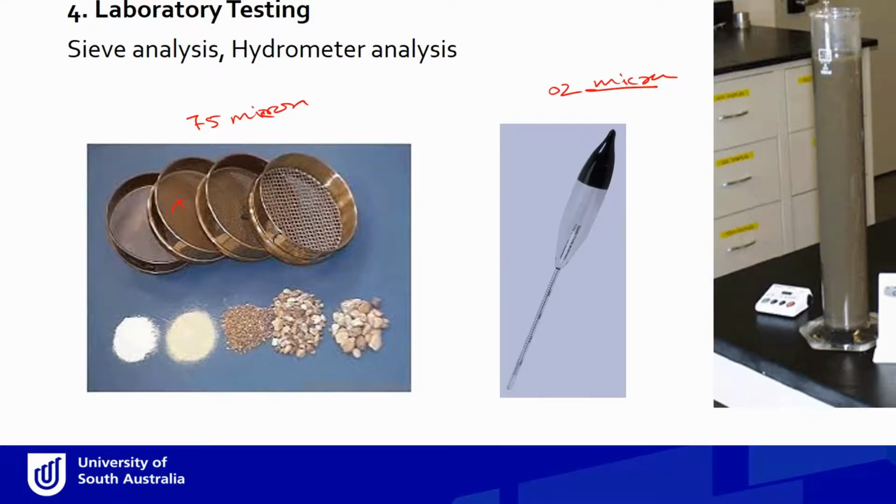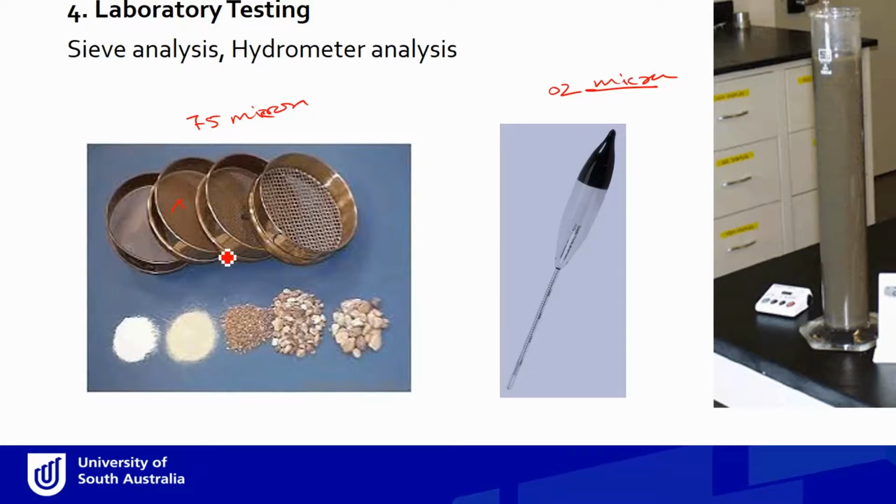So it's very, very small. And if we reach a level of 75 micron, it's very, very difficult to sieve, because the pore size or aperture size is very small. So the sieving becomes very inefficient. We have to sieve for maybe days to get anything passing through a sieve finer than 75 micron.